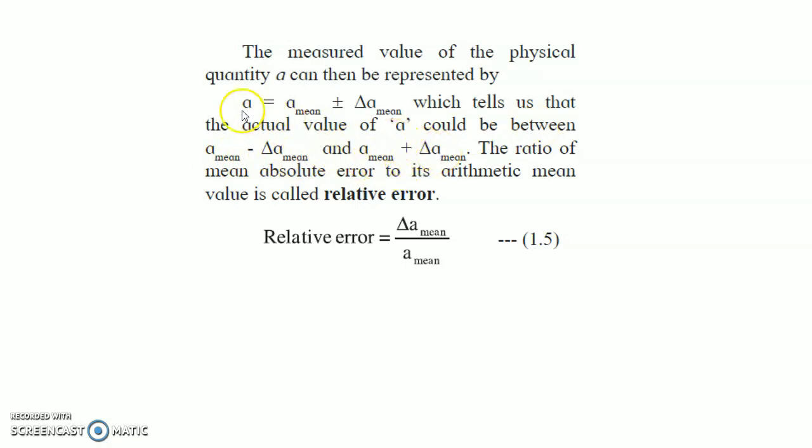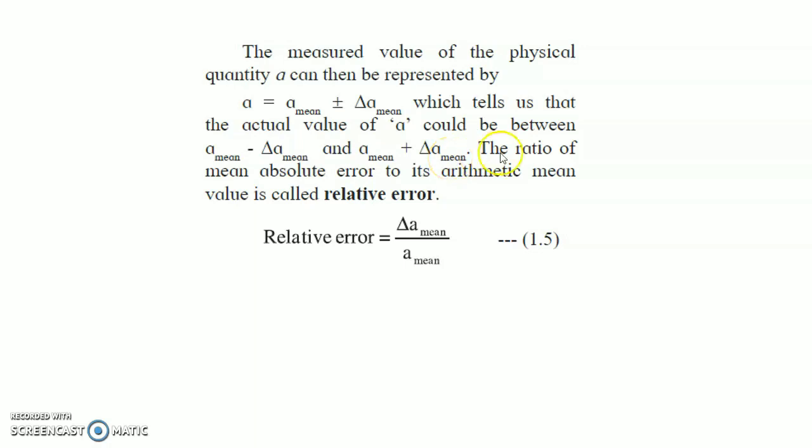So the value of A will range between these two numbers because A mean is the most probable value but not necessarily the correct value.